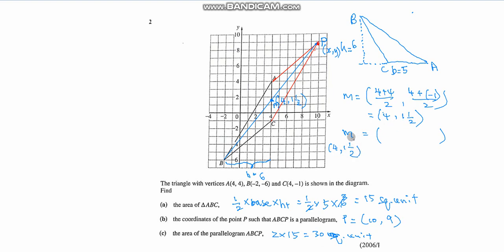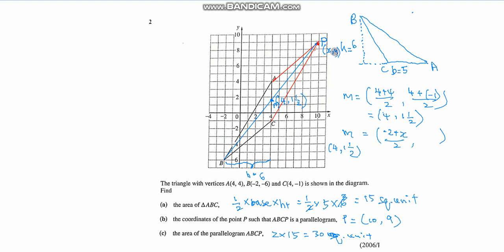But M is also the midpoint of B and P. So we take the x coordinate of B, which is minus 2, plus x, the x coordinate of P, over 2. This must equal 4.